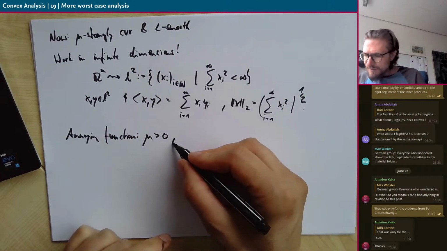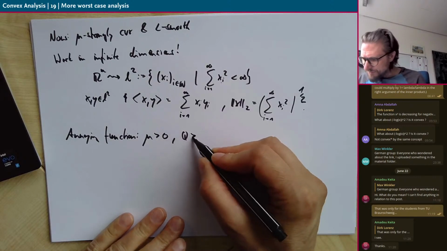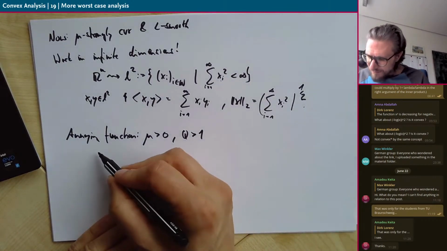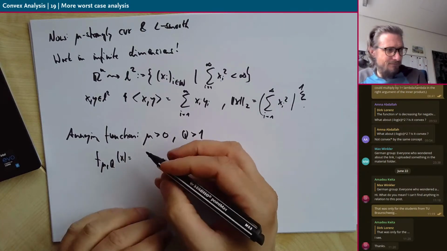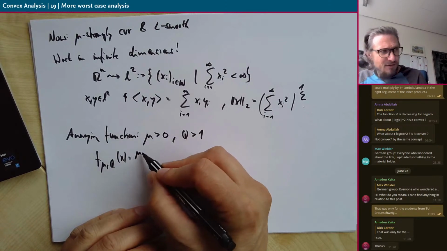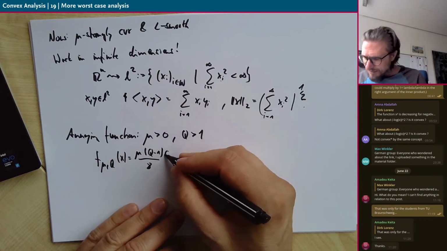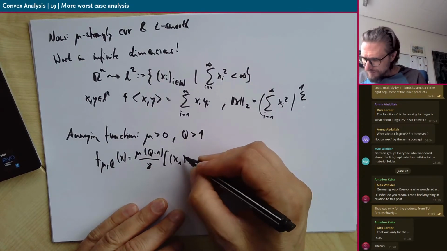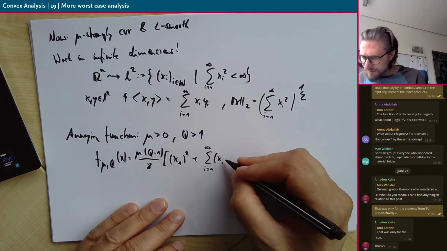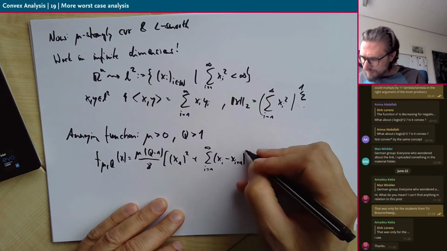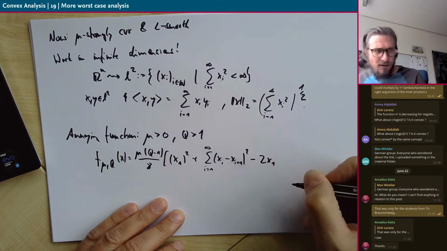I just plug it in here, and then I need another constant which I call Q. It should be larger than 1, and then we define f, indexed by mu and Q, of x as mu times (Q minus 1) over 8 times the first entry of x squared plus, now a series, i goes from 1 to infinity, (x_i minus x_{i+1}) squared minus 2 times x_1.